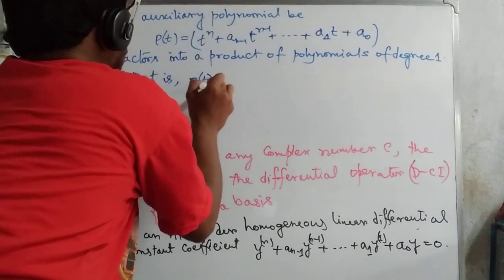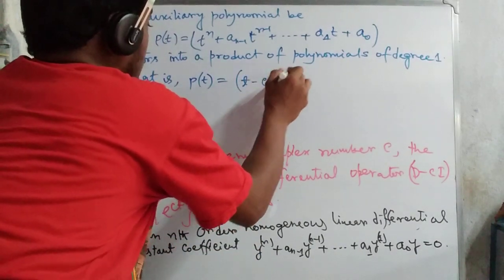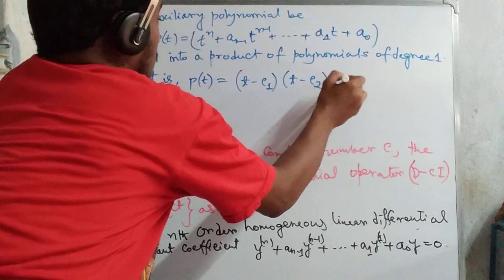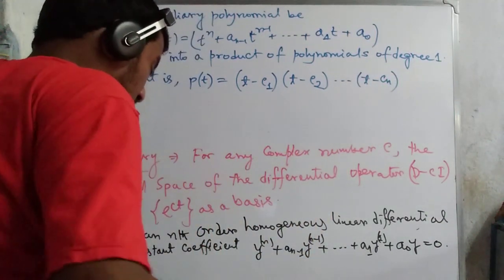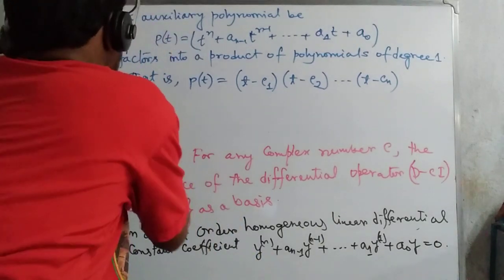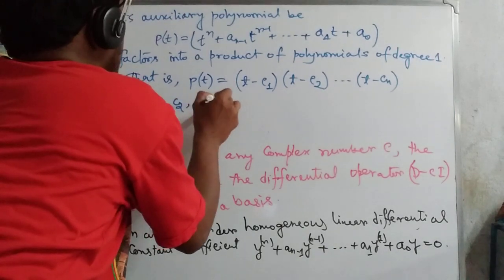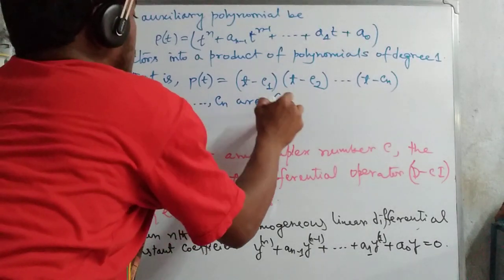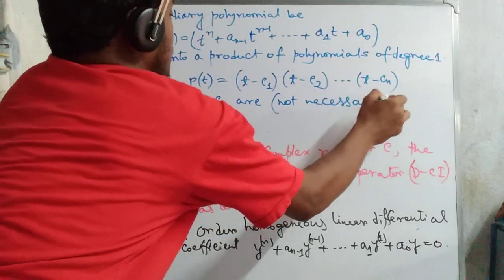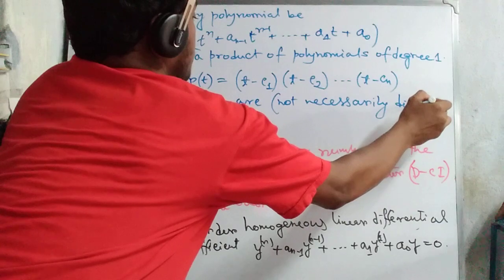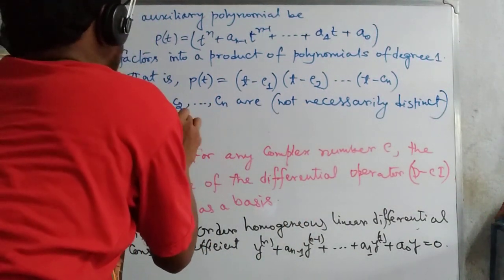That is, p(t) equals (t minus c1)(t minus c2) dot dot dot (t minus cn), where c1, c2, dot dot dot, cn are complex numbers, not necessarily distinct complex numbers.